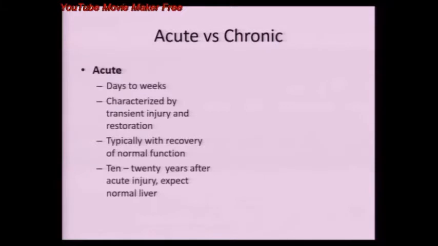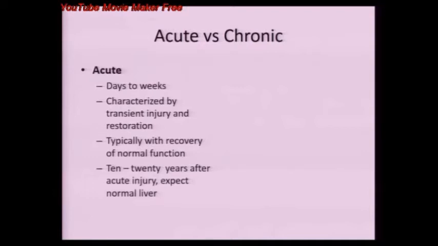I'm just going to remind you that acute disease in general takes place over days to weeks. The injury is transient. There's normal recovery. The liver 20 years later would look as though it had never been injured. You could have severe hepatitis A or ischemic change and recover completely.